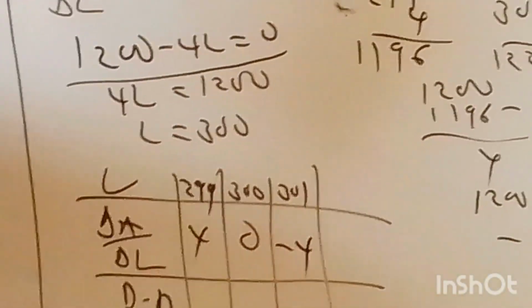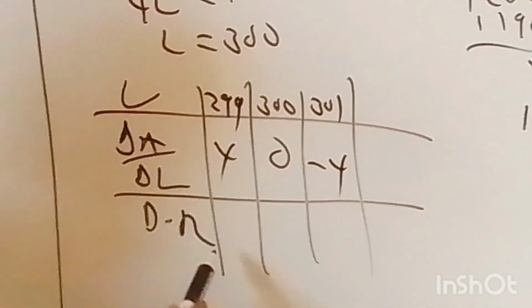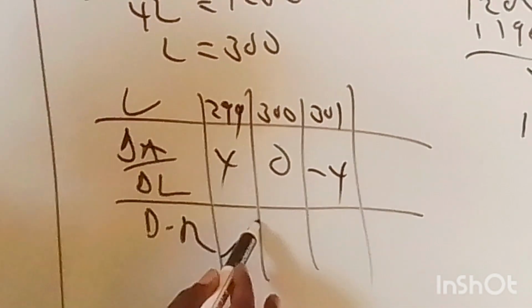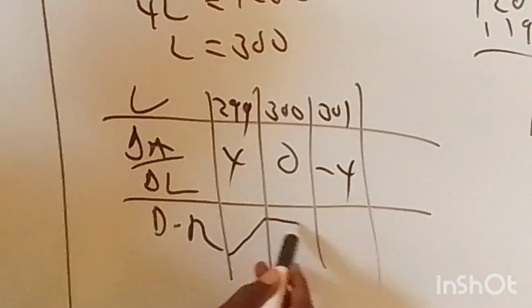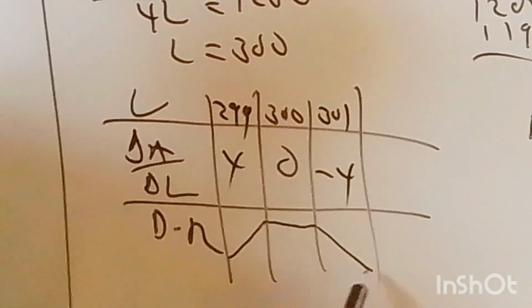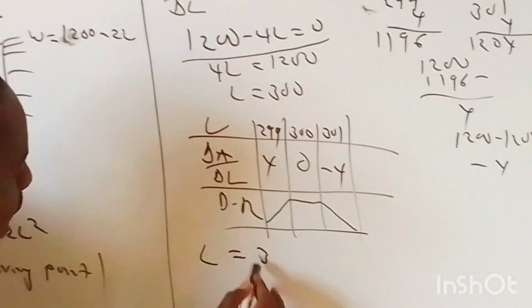So this is negative 4. So you can see that if you draw this, it is positive, then it levels off, which is 0, then it goes down. So that one is a maximum point.